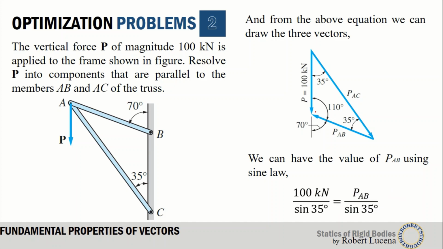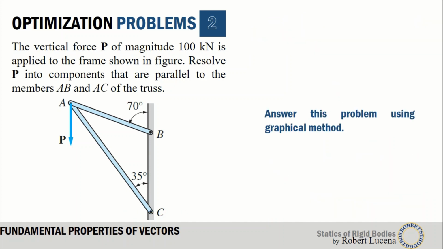And also we can get PAB using sine law, that is PAB over the sine of the opposite angle, and still using the same value here, 100 over sine 35. Then we can say that the value of PAB is 100 kilonewton. Now for the direction, you can measure it using geometry from the positive x-axis.